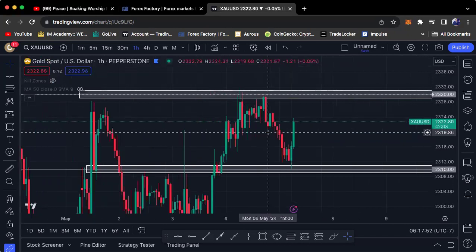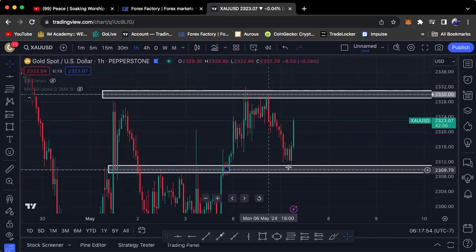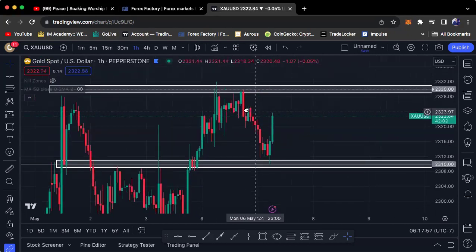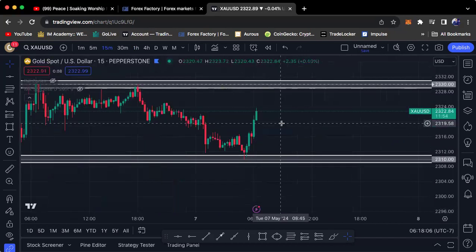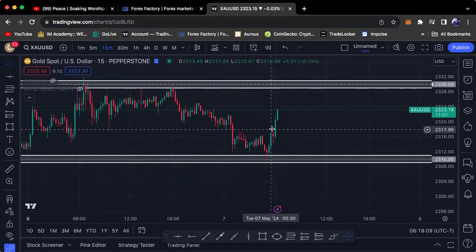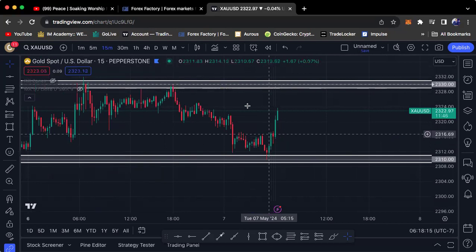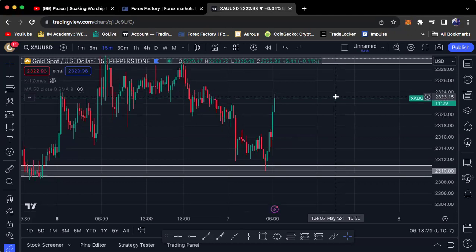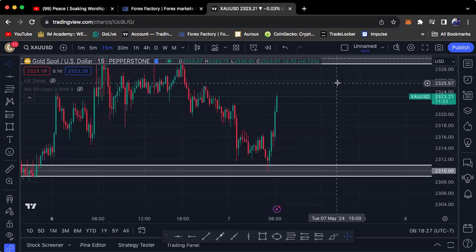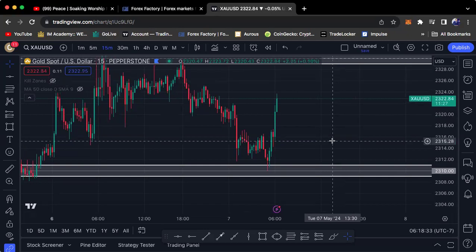Now that I have my resistance and my support, I'm waiting for that next break of structure. But I can also draw my internal zones based on my 15-minute. So I'm going down to my 15-minute. I can either draw my internal zone at 2325 or 2315.